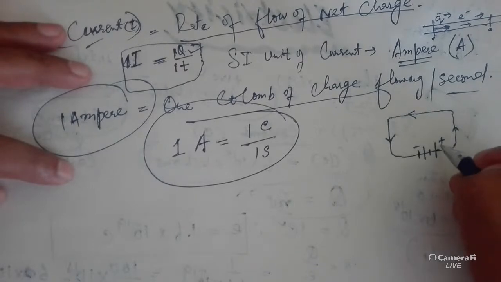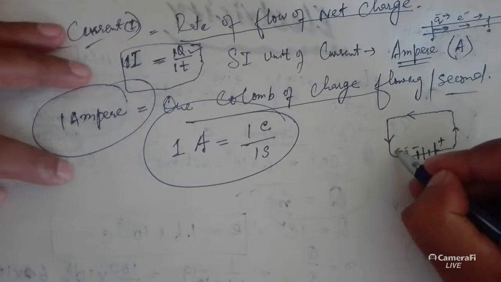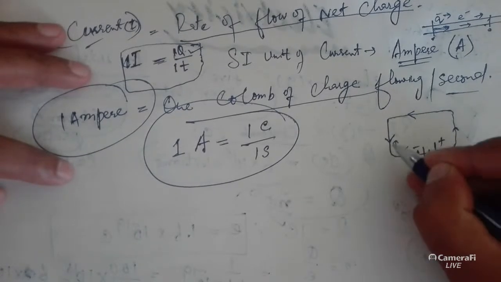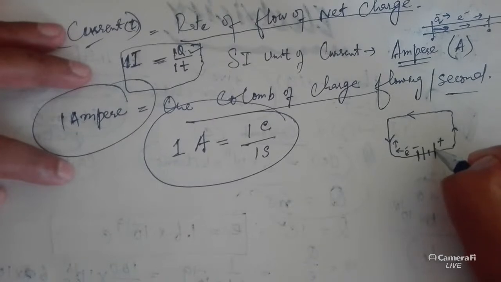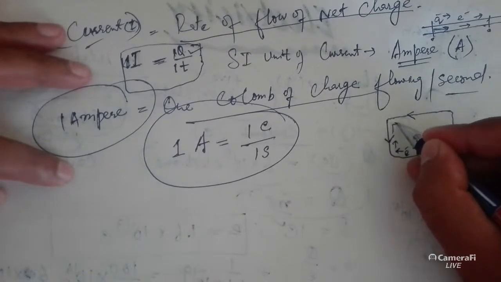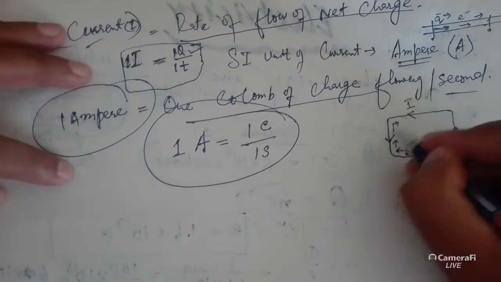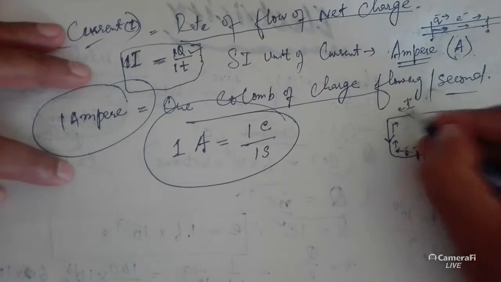For example, suppose the electrons have left from here. The direction of electrons is like this. From here they have to reach this destination, because it's the flow of charge only. So the charge is flowing in this direction, then the direction of current will be opposite to it. So this is the direction of current.